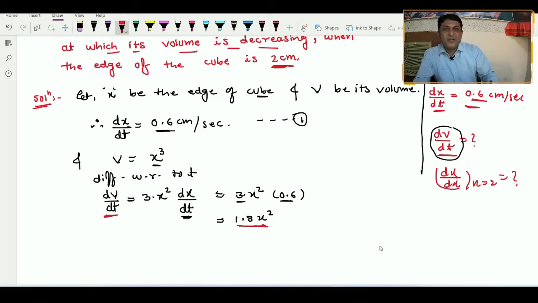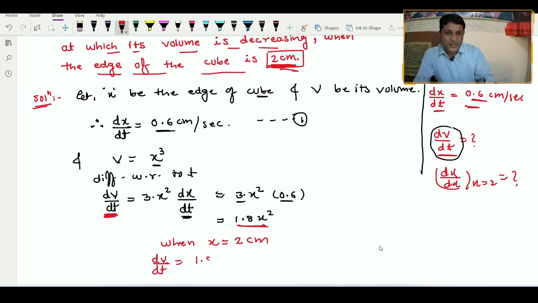Now this is nothing but the value of dv by dt. But the question is to find out dv by dt at x equal to how much? 2. At x equal to 2, x means the length of the edge. So when the edge of the cube is 2 centimeter, at that time we have to find out the decrease in the volume, means dv by dt. So when x is equal to 2 centimeter, at that time dv upon dt will be equal to 1.8, keep it as it is, just simply replace x by 2, keep the square also as it is.